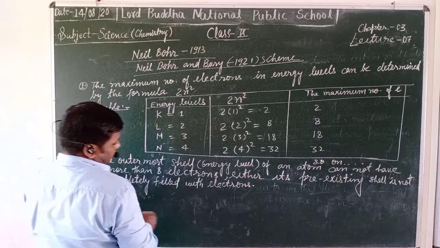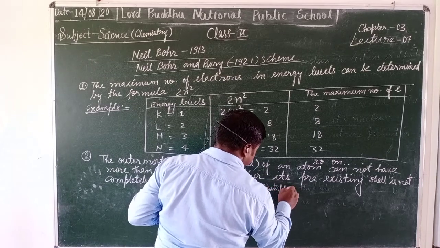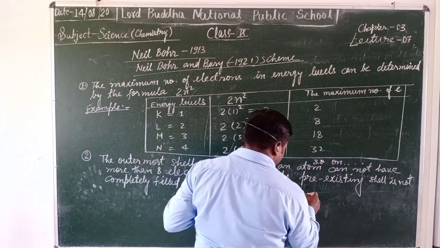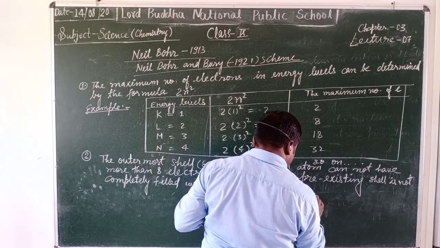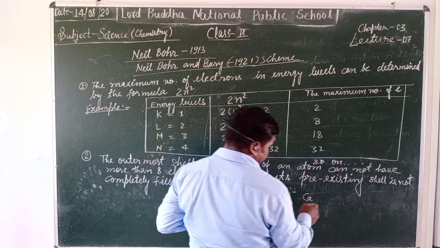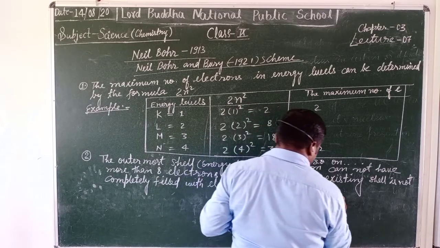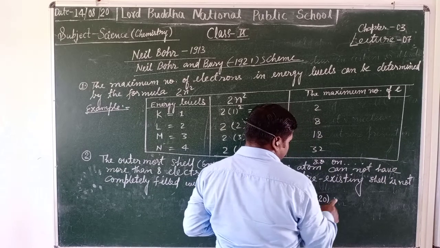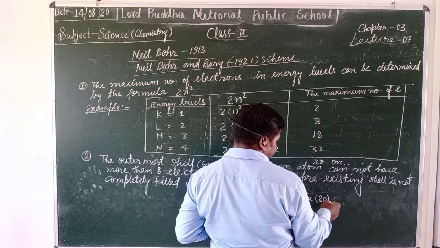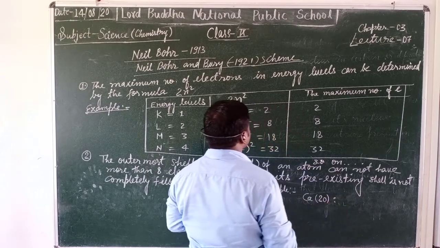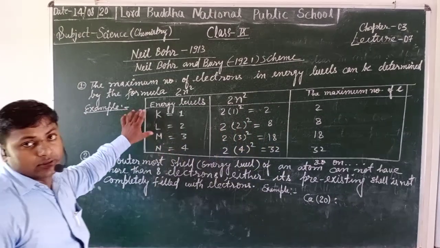Students, here I take an example of the element calcium, whose atomic number is 20, hence there are 20 electrons in calcium. Now here I give the electronic configuration. This scheme of Bohr and Bury is also known as electronic configuration.